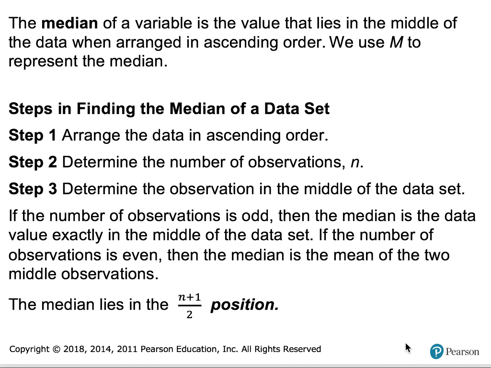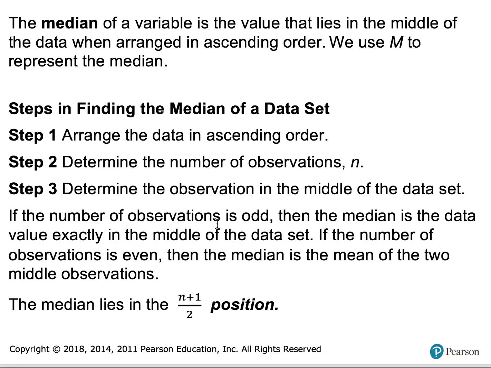Okay, a second measure of central tendency is the median. The median of a variable is the value that lies in the middle of the data when it's arranged in ascending order. We use a capital M to represent the median. The steps to find the median: first you arrange the data in order, find out how many observations you have, and find the one that's in the middle.